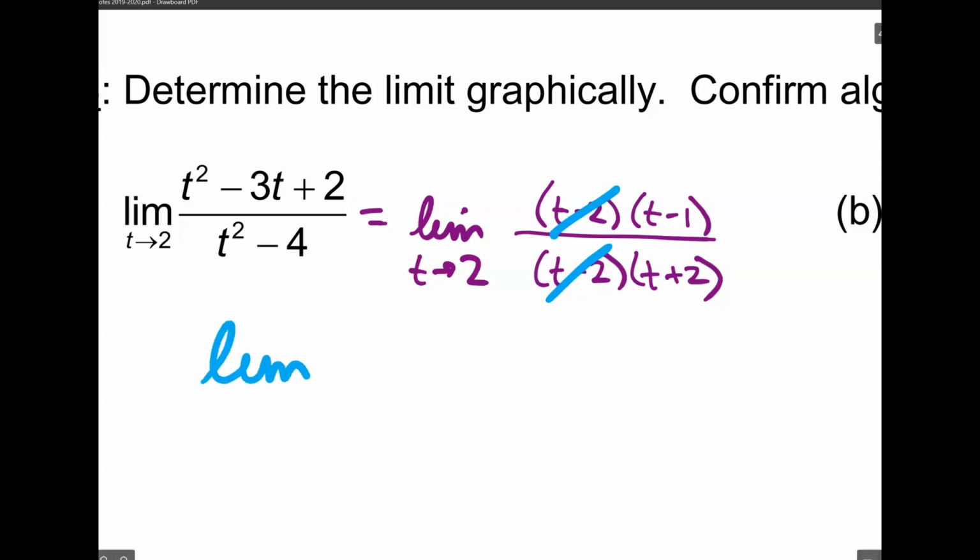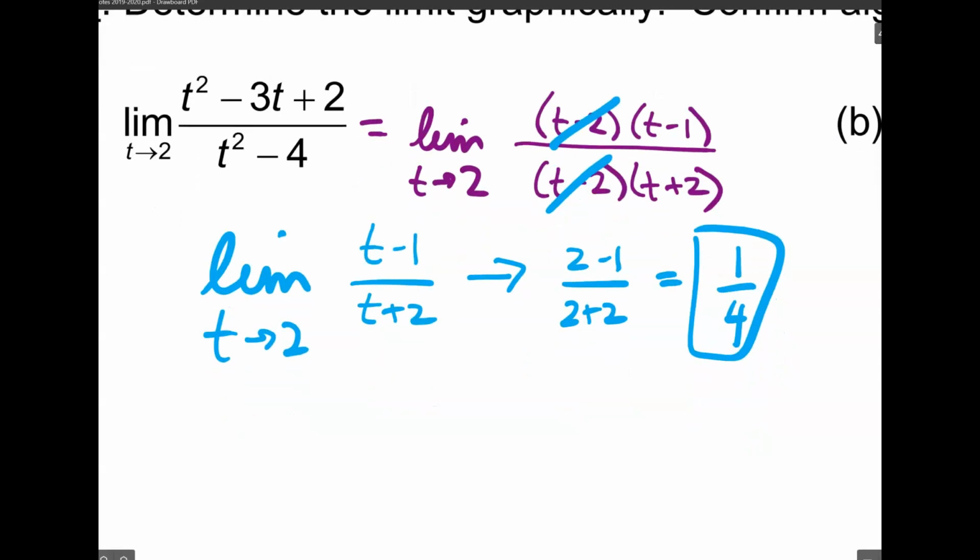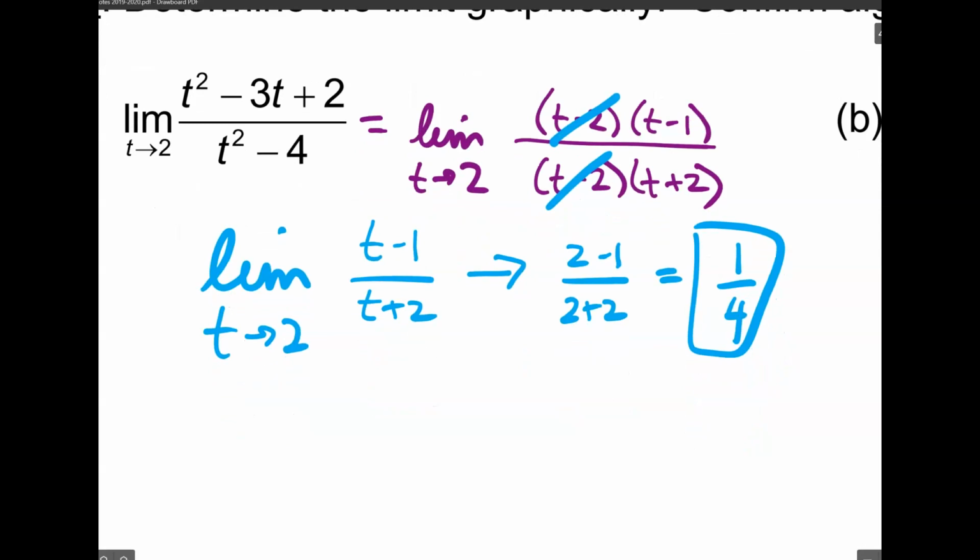So we evaluate the limit as t approaches 2 of t minus 1 over t plus 2. So this is going to be 2 minus 1 over 2 plus 2, so it would be 1/4. What this is telling me is that the graph is going to have a hole at t equals 2, some kind of removable discontinuity.